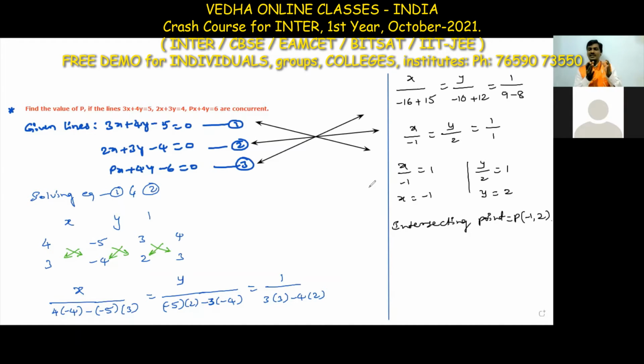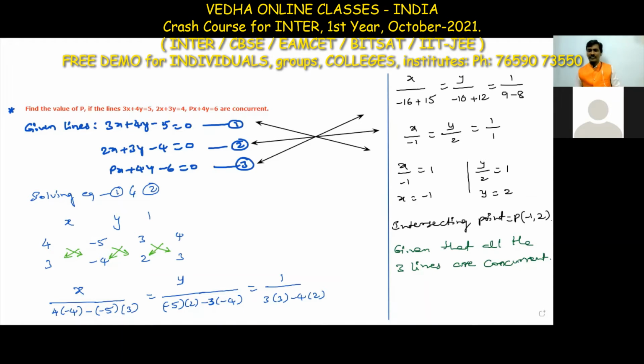So given that the three lines are concurrent, all the three lines are concurrent. If they are concurrent, then what is the concept here? They pass through the same point.